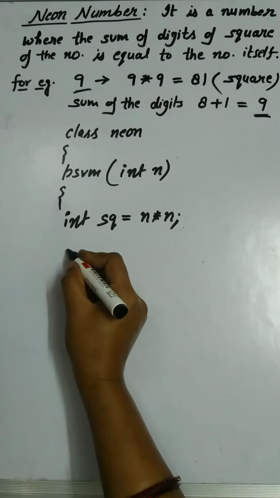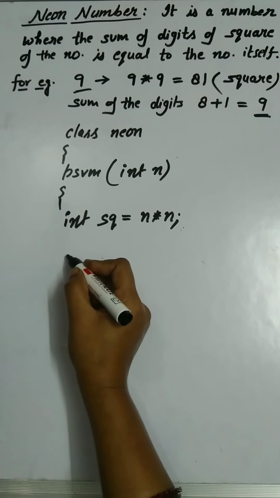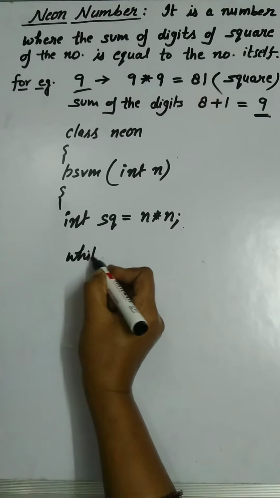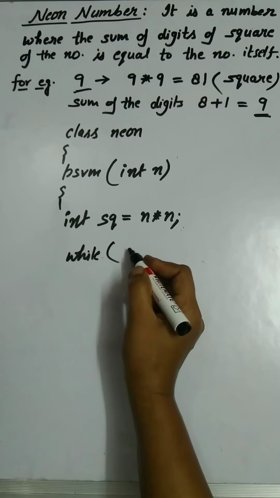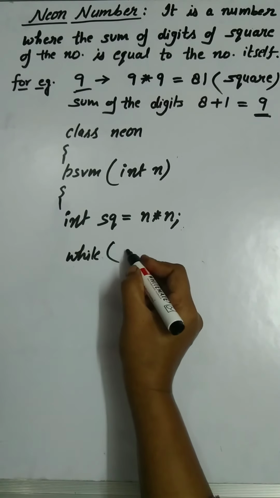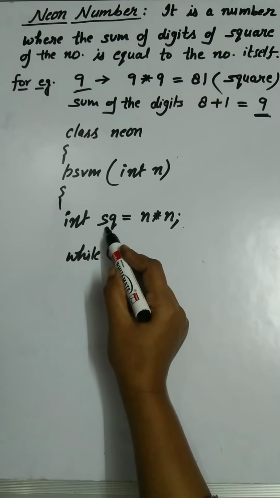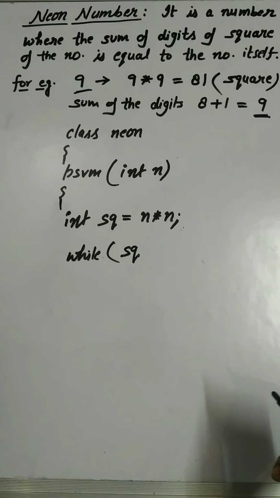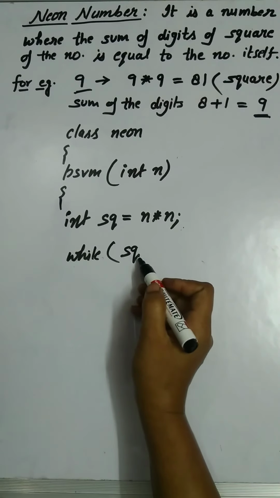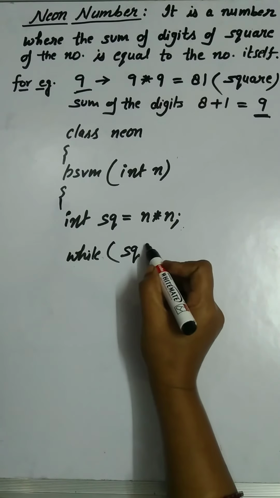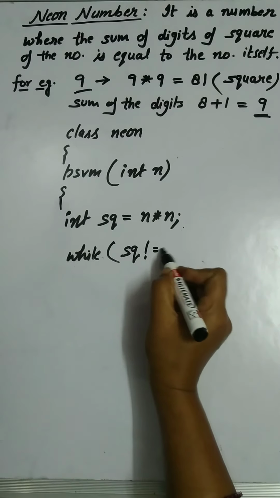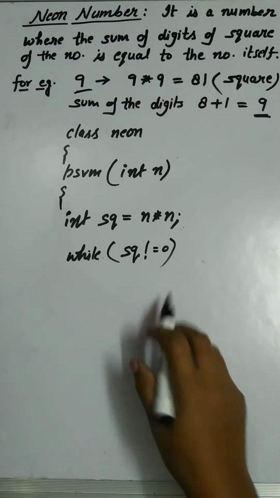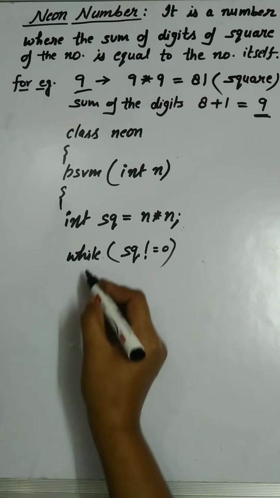In the while loop, give the condition: we have to check the sq value. sq means square value. Square value is not equal to 0. This loop is executed until the square value is equal to 0.